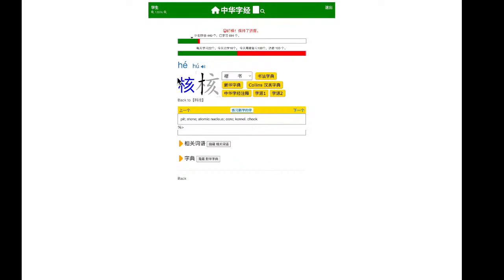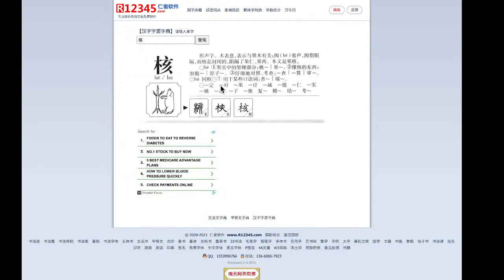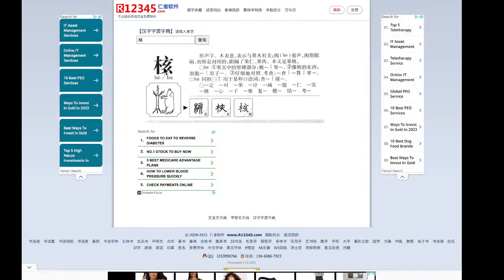So this is 核. Because it originally referred to the pit of a fruit, which comes from a tree, that's why the left side has the tree part. And the right side is representing the sound. Okay, it's a 亥.